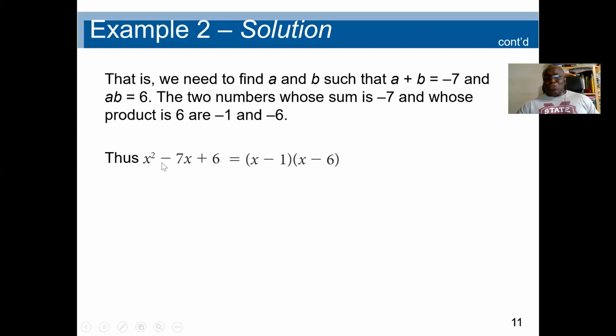So if I have s squared plus 5s plus 6, then I'll use 3 and 2, because 3 times 2 gives 6 and 3 plus 2 is 5. Then the answer will be (s + 2)(s + 3). But you have -7, so I have to use -1 and -6, so that when I combine them, I'll get -7.